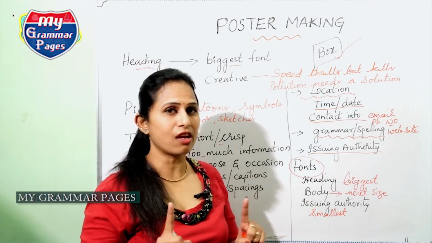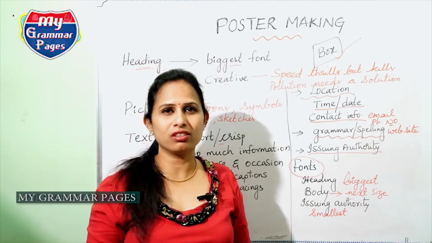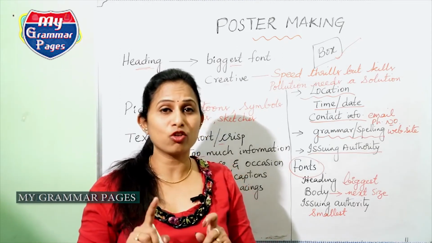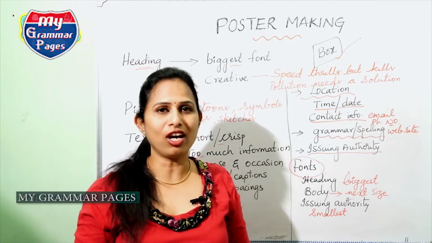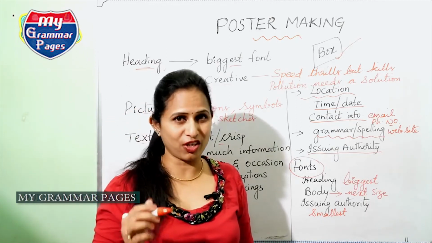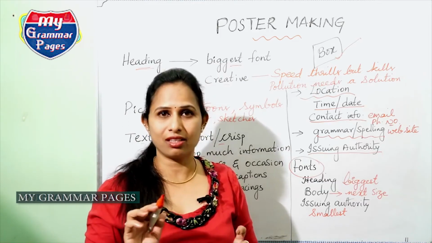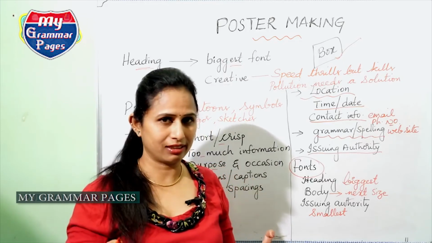Too many font sizes definitely bore the reader. Too many colors, especially children will be bringing different types of colors. Make sure that you are bringing non-oozing colors. It shouldn't smudge. And it is not mandatory that you use the colors. Even for a pencil shading, when you do it in an effective manner, obviously you will get the marks. And extra marks will not be provided for the colors.